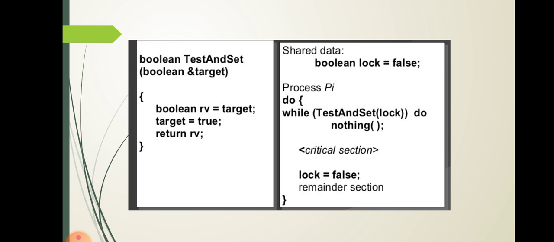If any other process wants to enter the critical section, it is allowed to execute only after process P1 finishes.